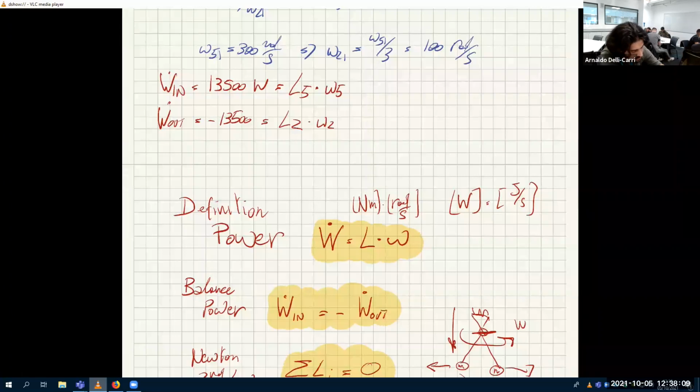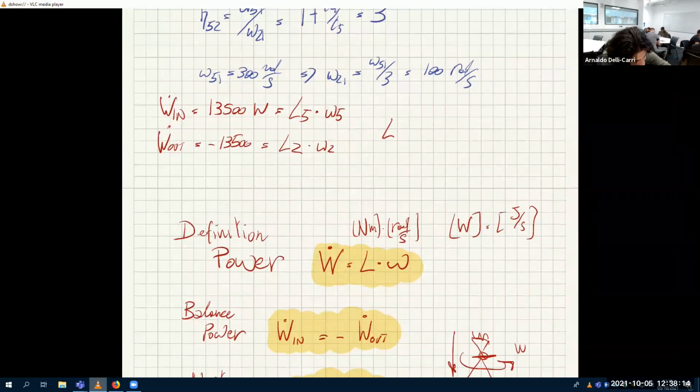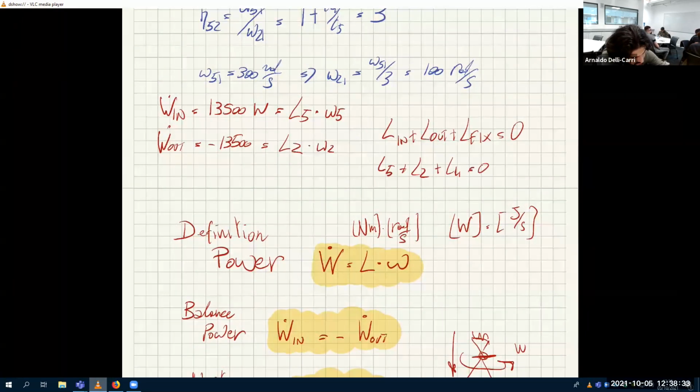And finally, we use Newton's second law by saying that L in plus L out plus L fix must be equal to 0. But L in is L5, L out is L2, L fix is L4, equal to 0. So that means that L4 is minus L5 minus L2.